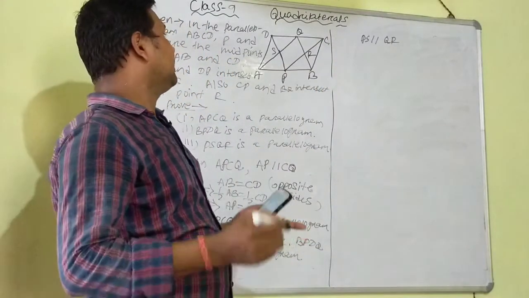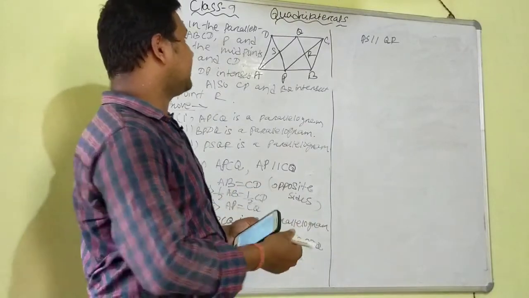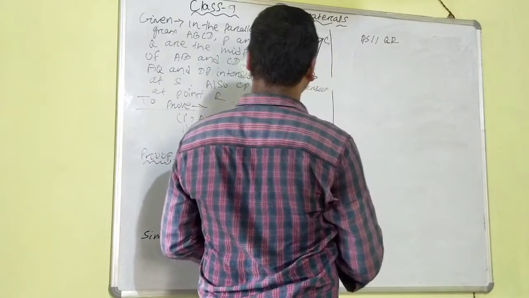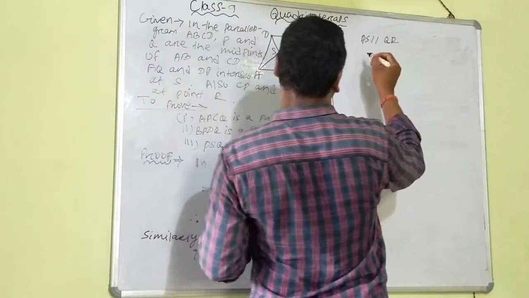Hence their part is also parallel. Hence we can write SQ parallel to PR.